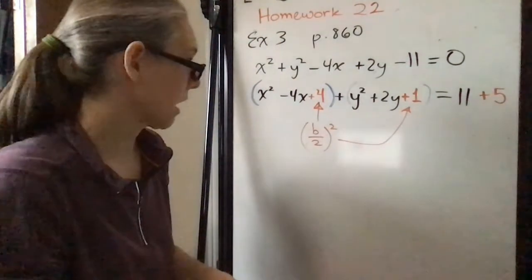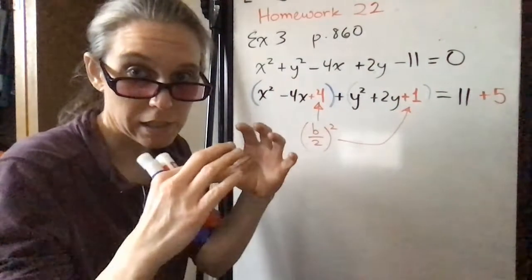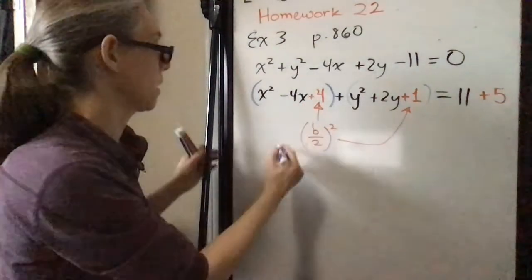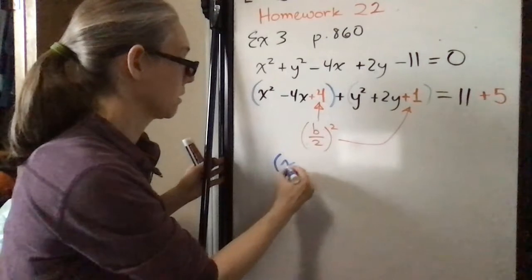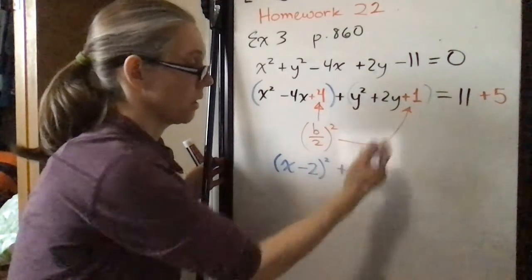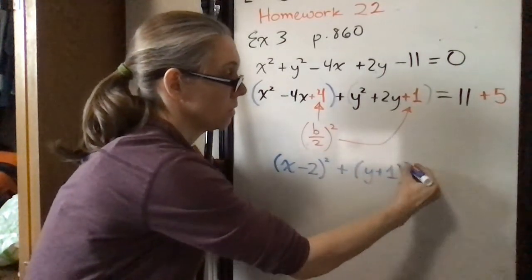And now I just have to turn these perfect square trinomials into a binomial squared. So this one right here is going to be x minus 2 squared. This one right here is y plus 1 squared.